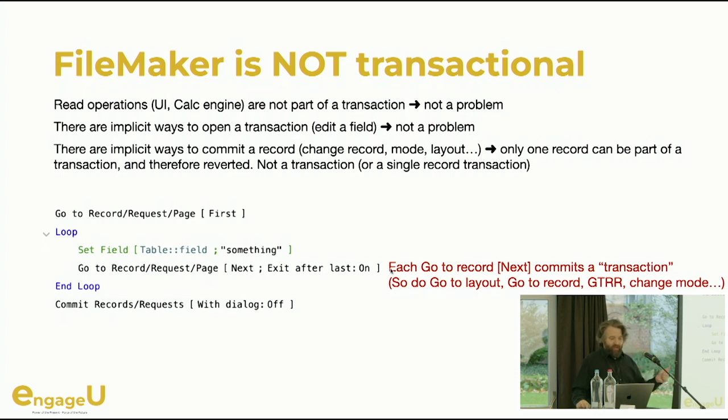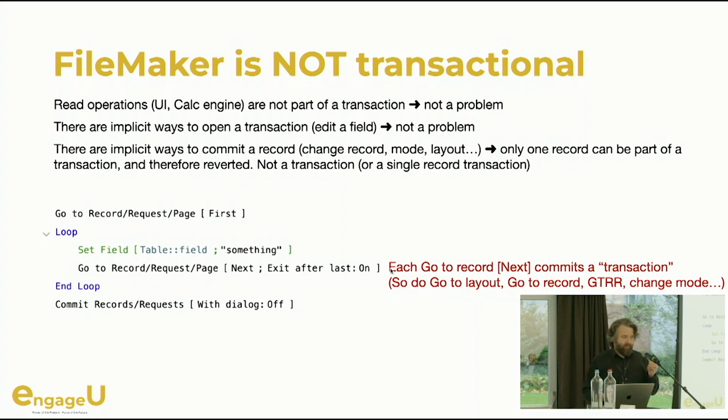So when you change record, when you change mode, when you change layout, this is what we tend to name context, with very different definitions depending on who you're talking to. But context, right? If you change context, you commit the record.